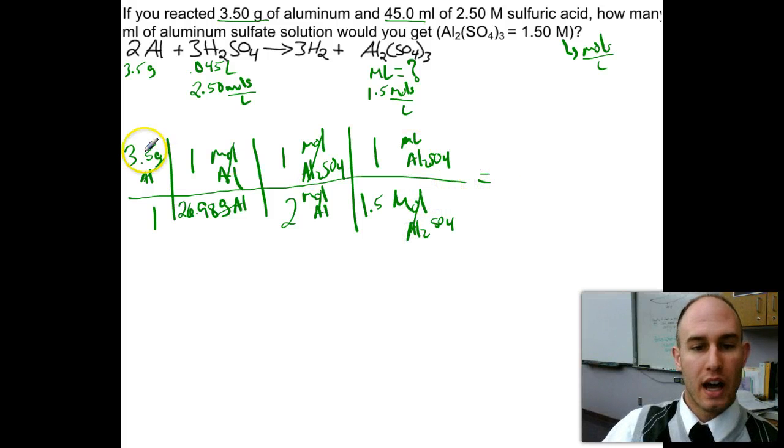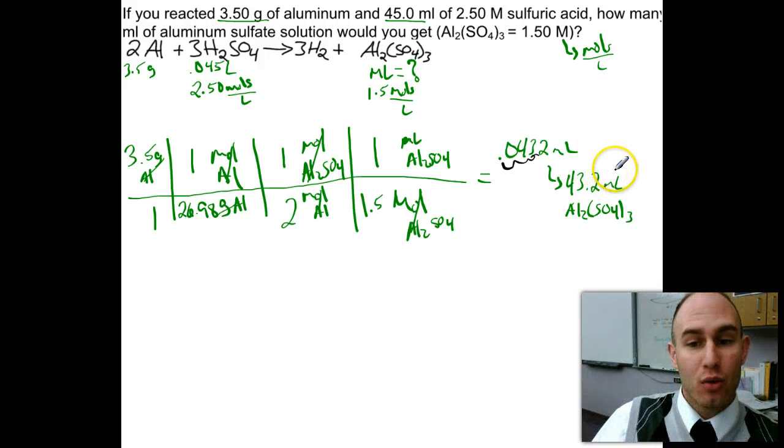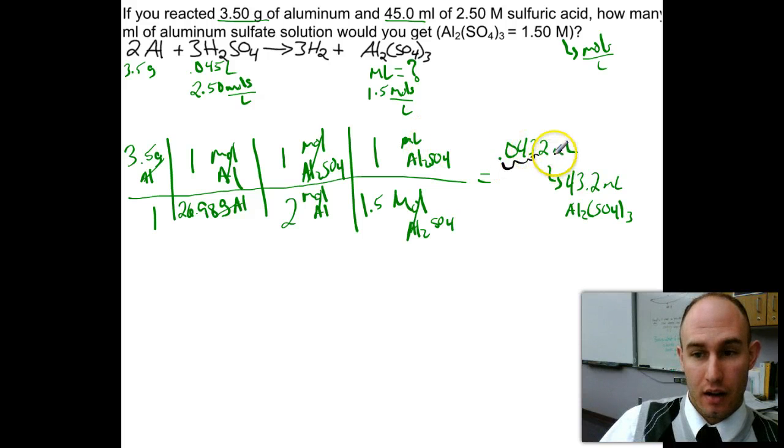So we can go ahead and solve through here, type this in our calculator. Calculating this out, we ended up with 43.2 milliliters of Al2SO4. You can see here this was liters. I converted it to milliliters by multiplying by 1,000.